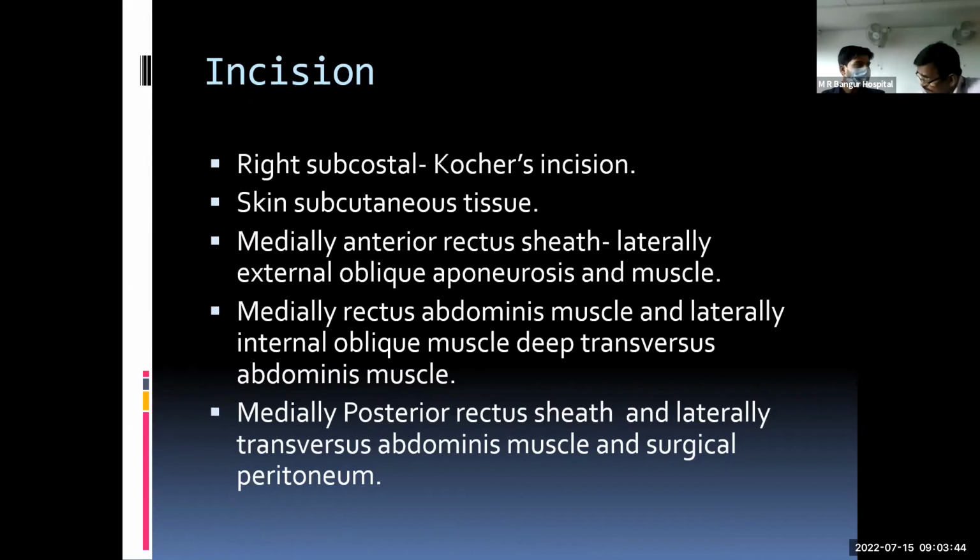Once you cut the skin and subcutaneous tissue, the next layer is, medially, the anterior rectus sheath, and laterally, the external oblique aponeurosis and muscle. Next medially is the rectus abdominis muscle, and laterally the internal oblique. Once you divide the rectus muscle across its fibers, the next structure exposed medially is the posterior rectus sheath, and going laterally, the transverse abdominis muscle, and deep to that the surgical peritoneum.